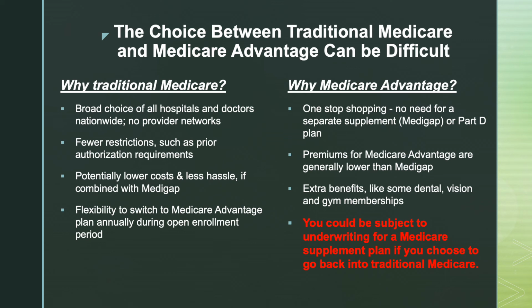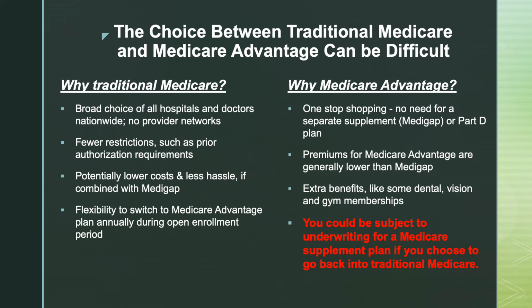With Medicare Advantage, it might be less expensive, but you might have a difficult time getting the referral you need to the specialist you want to see. With traditional Medicare, no referral is needed. You can go to any specialist that accepts Medicare. Medicare Advantage may offer additional benefits like dental, vision, and a gym membership. All of these are important distinctions between traditional Medicare and Medicare Advantage.